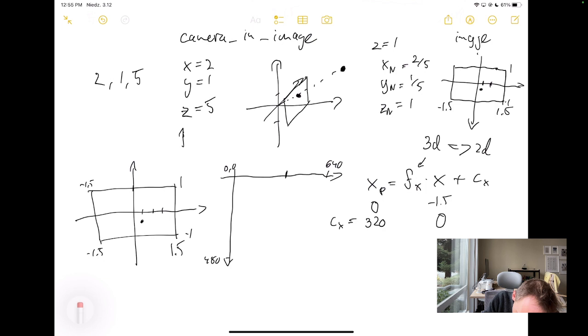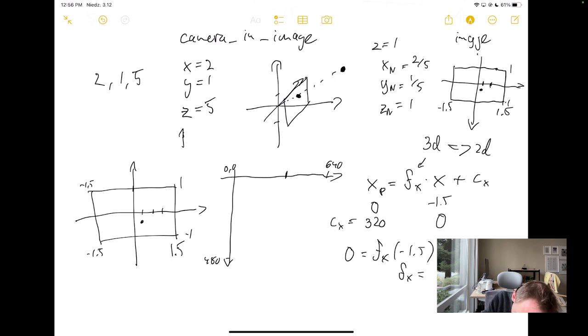So if 0 equals f of x, which is what we want to solve for, times minus 1.5 plus 320, this implies that f of x has to be 320 over 1.5, right?